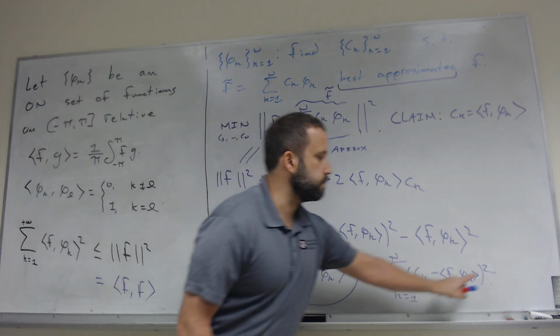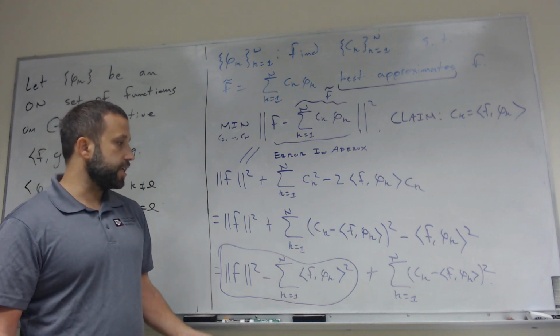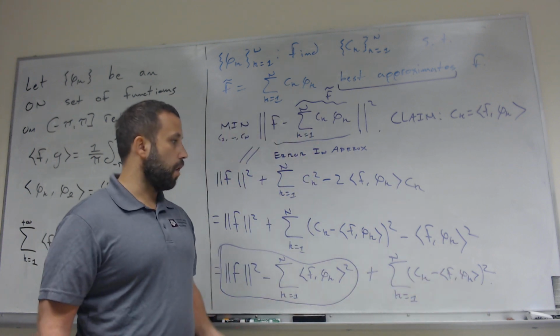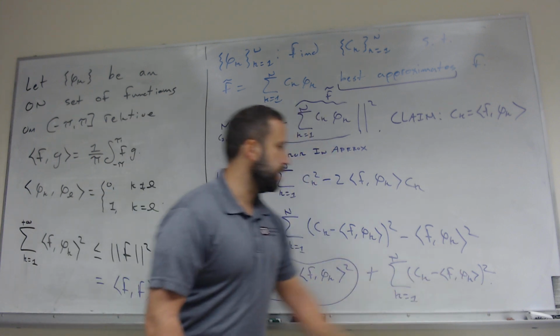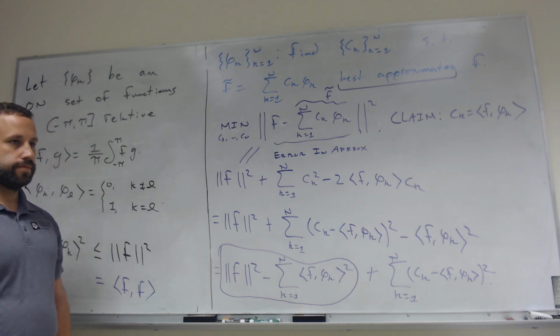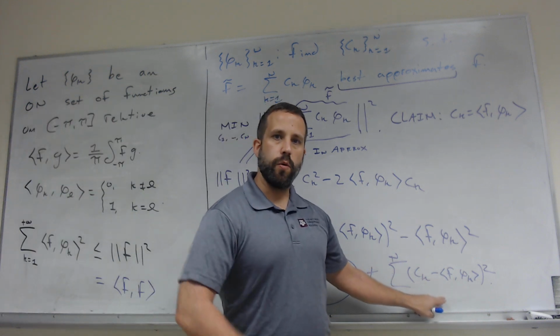Well, each one of these terms is non-negative. And so since each of the terms is non-negative, the way to make this sum the smallest is to make c_k equal to the inner product of f and phi k. Now, if these terms could be negative, then we wouldn't want to make them 0.